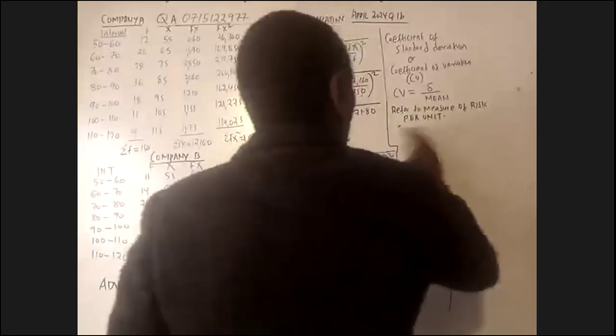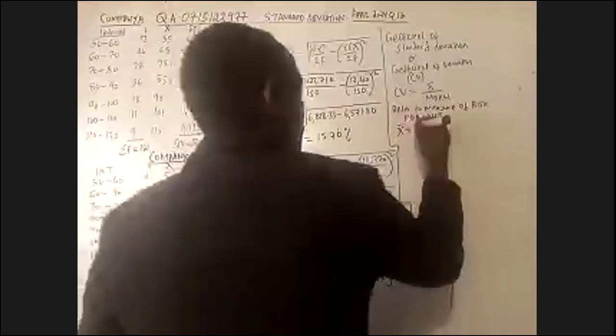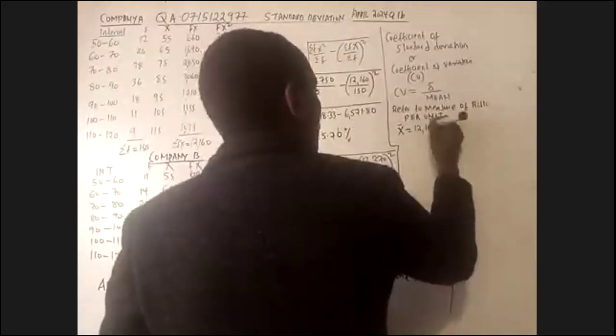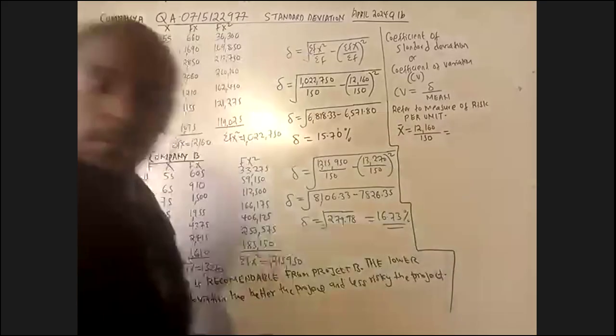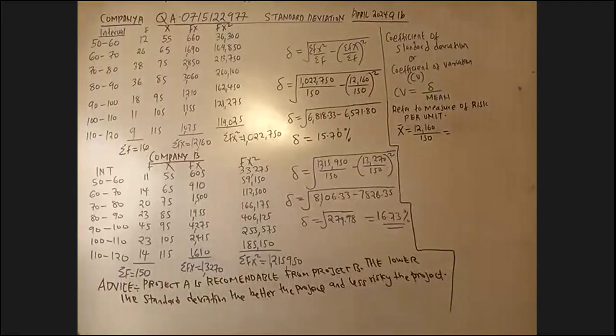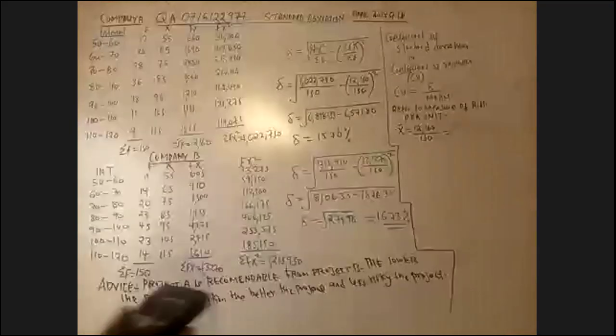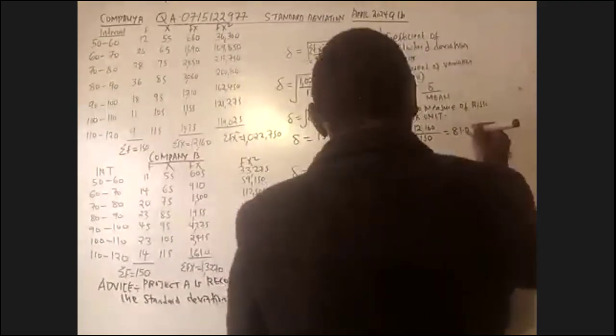Let us find the mean: fx over f, so 12,160 divided by 150, which is 81.07.